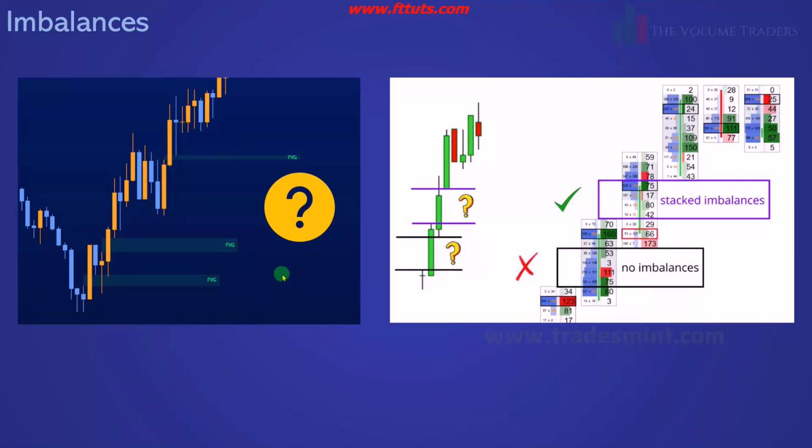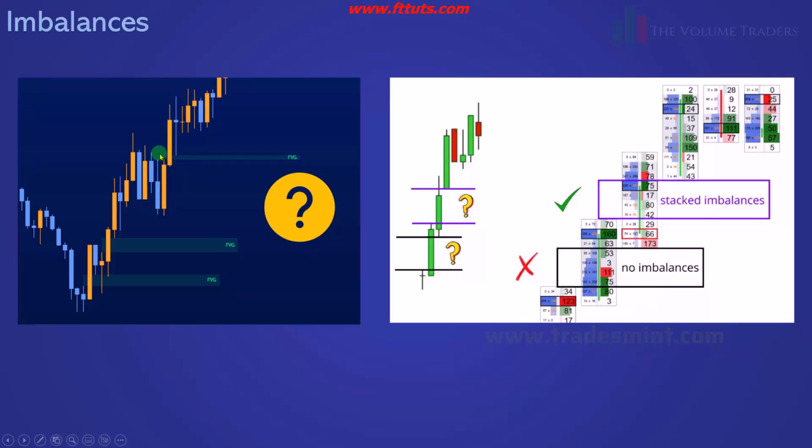In the past, yes, I admit this. But now, with the more knowledge I gained, I use footprint chart to always confirm. So if I see on the normal chart, the M15, M5, M1, something that looks like a fair value gap, with this concept I always need to confirm on footprint if there are really imbalances.